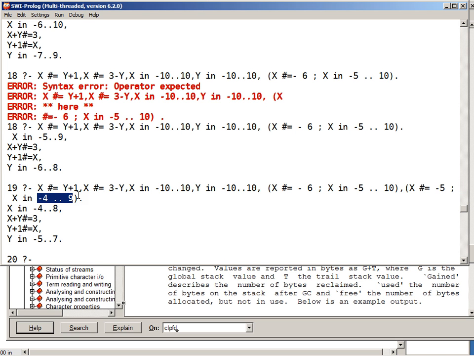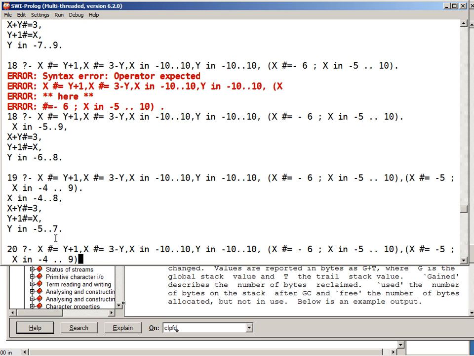But the shrinkage that I have proposed from minus 5 to minus 4 has entailed further shrinkage achieved by the system through propagation of the new bounds through the set of constraints. So now x is between minus 4 and 8, and y is between minus 5 and 7. So we shrink further and further.